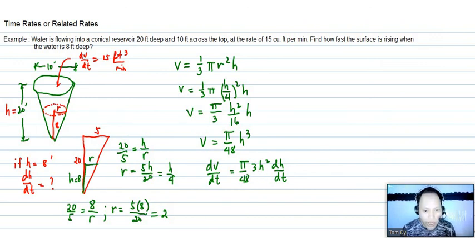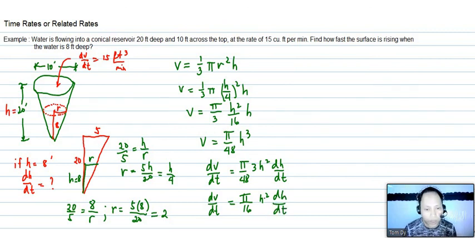So we have 3 and then 48. 48 is equivalent to 16 times 3, so we cancel 3. In other words, if you reduce to the lowest term, 3 over 48 is 1 over 16. So we have dV over dt equals pi over 16 times h squared dh over dt.